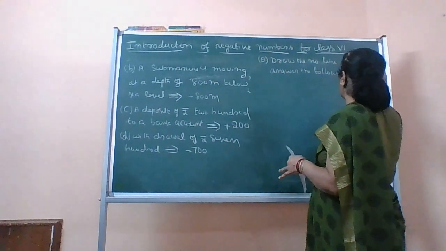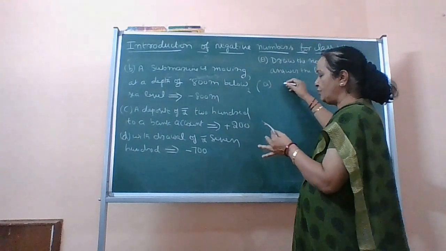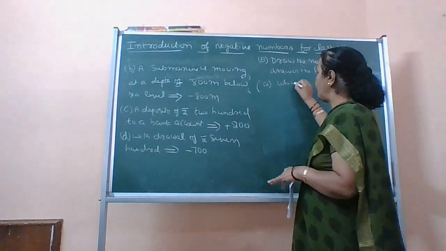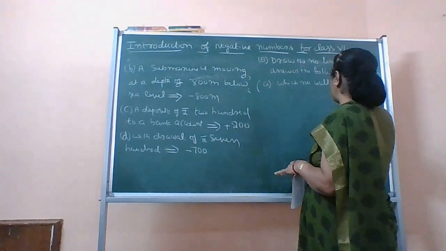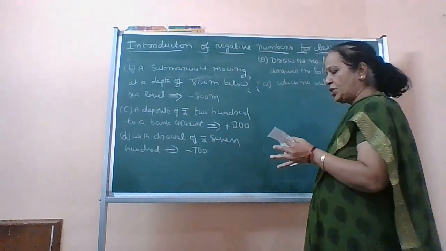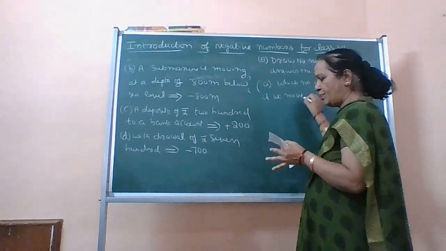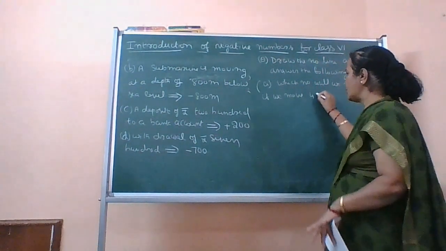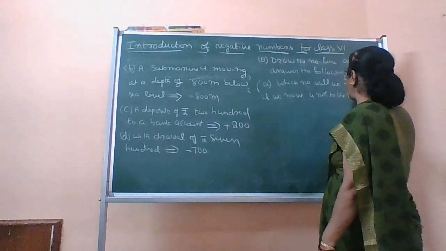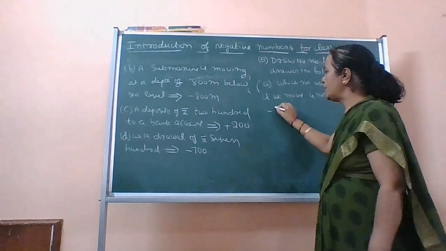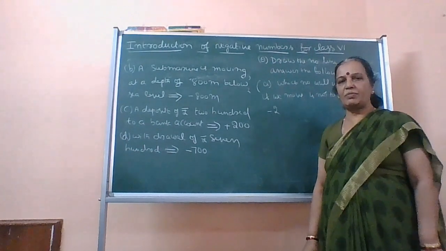See, in this, the first one is, which number will we reach if we move 4 numbers to the right of minus 2? 4 numbers to the right of minus 2.